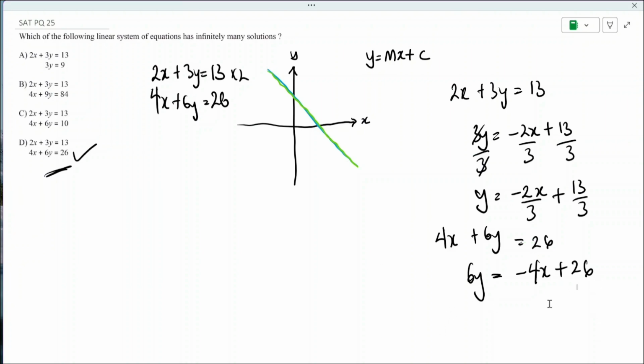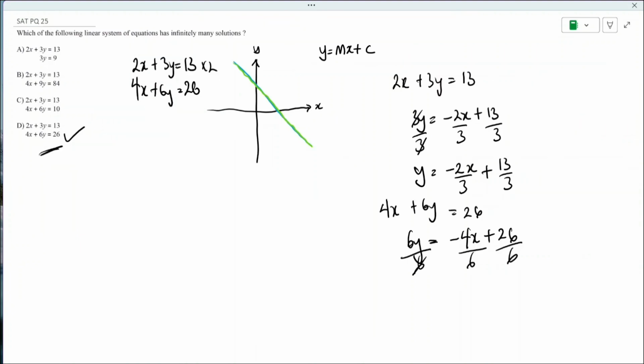Next, we divide both sides by 6, which is the coefficient of y, because we're trying to make the coefficient of y 1. So you divide this by 6, this by 6, and this by 6. This 6 will cancel this 6. You'll be having y equals, you can bring this fraction down. You have negative 4 over 6. 2 can go in both 4 and 6. 2 in 4 is 2. 2 in 6 is 3.